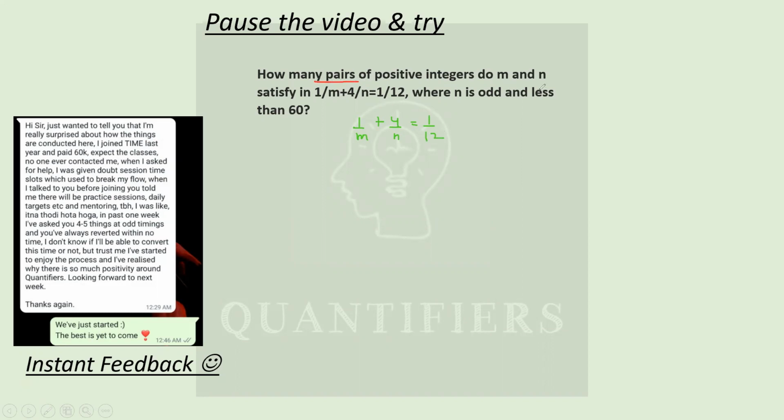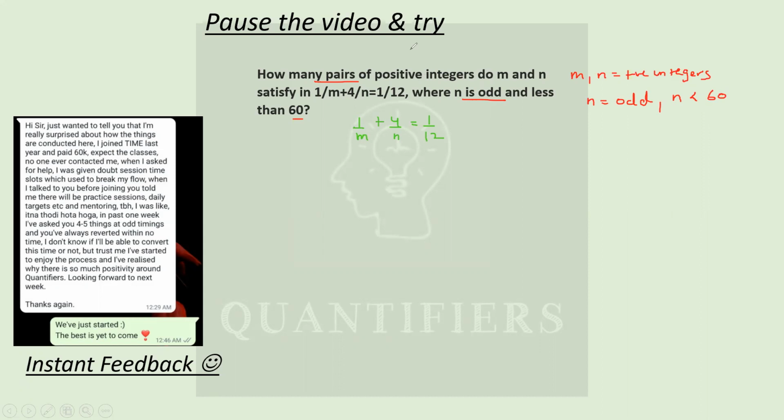Some important conditions are given: m and n are positive integers. It is also given that n is odd and less than 60. तो n के लिए कंडीशन है कि n odd भी होना चाहिए और less than 60 भी होना चाहिए.